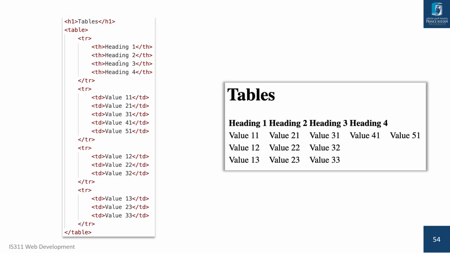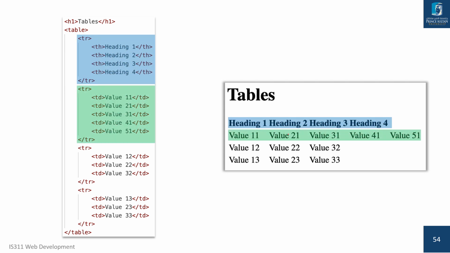For example, in the heading row we have four columns. In the first data row, which is this one, we have five columns. Because in the first row we don't have the fifth column, it will become an empty part.